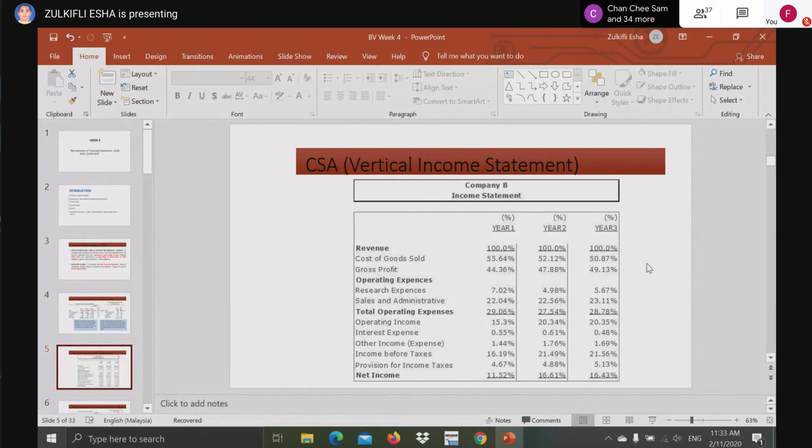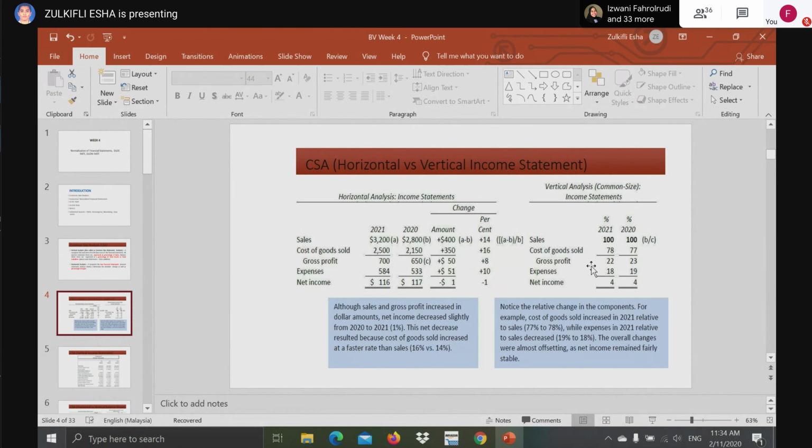As you all aware, for business valuation purposes, we are always doing analysis for the past 3 years performance. So that's why in this table they put performance for 3 years. But for the example of calculation just now, we only use for 2 years, because this is just to show you the differences between these 2 years performance.